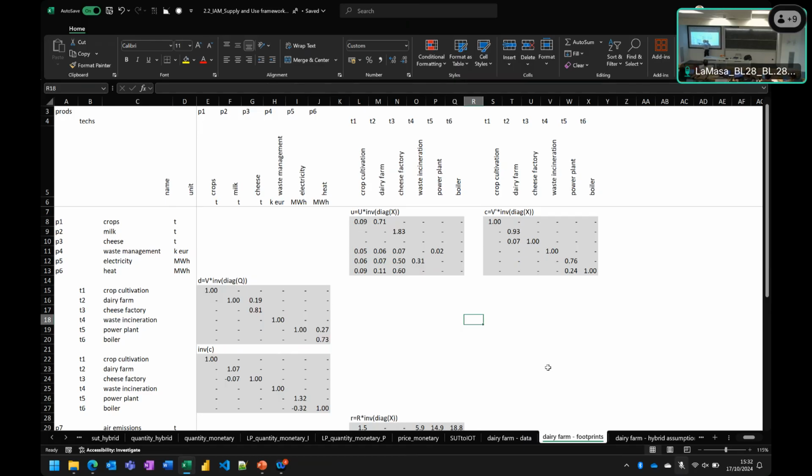So when you are invoking the activity 1 by dairy farm, it is producing 1.07, and this minus 0.07 is a negative output of the cheese factory in terms of milk. So this is the meaning behind the inverse of C. But again, if you are summing all the columns, you are getting a set of ones.